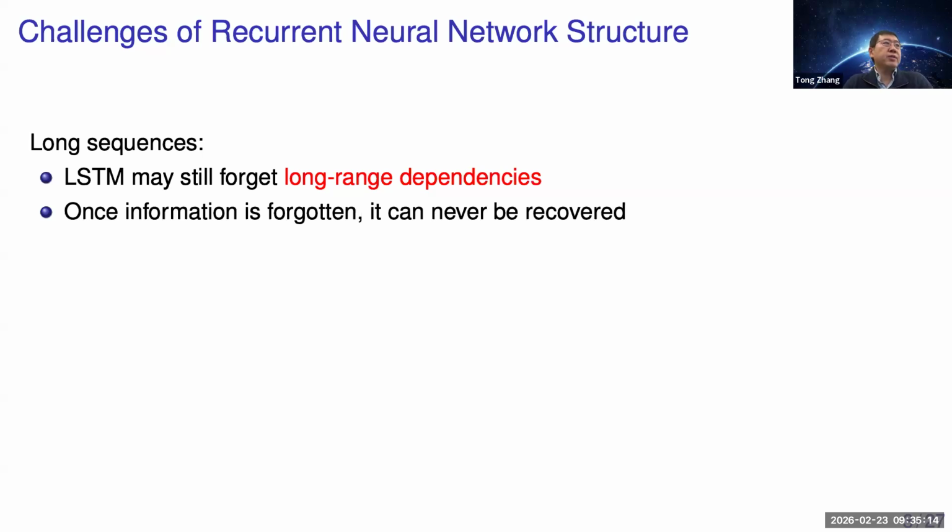It's a different compression than in LSTM, but once the information is compressed, some of the earlier information gets forgotten. For the RNN, because it's inherent in the model, there's no way to recover once you compress. This is essentially one bottleneck.